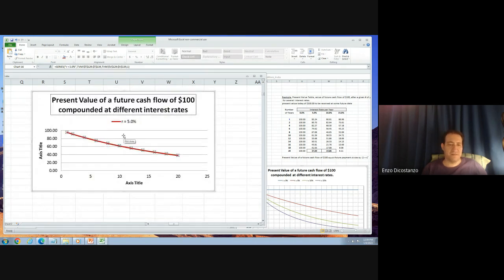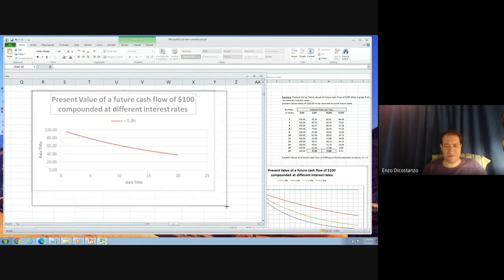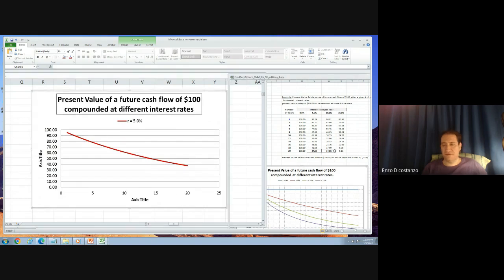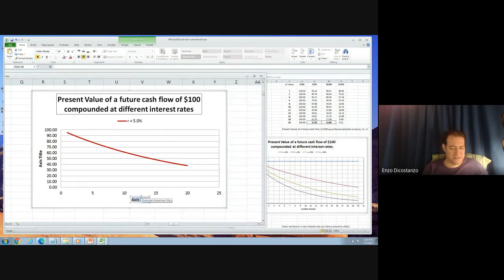We could say, actually, here, let's put a border around the graph. So now the graph is bounded a bit. Make this a little bit bigger. These are down here. This is number of years. Spell it right. And you can bring the font down on that a bit.